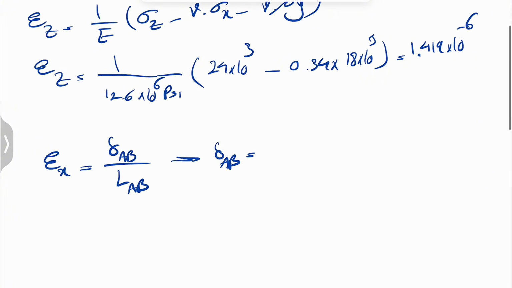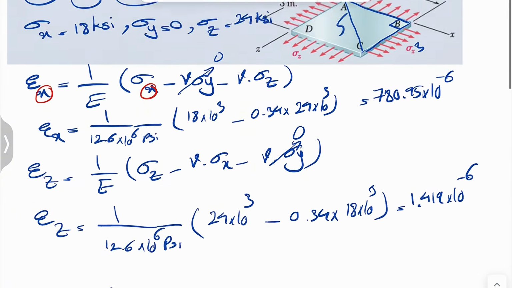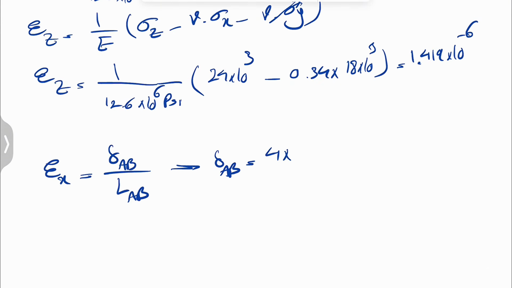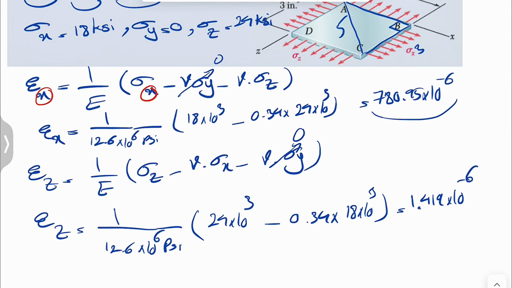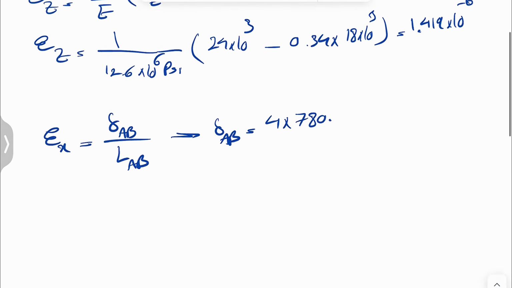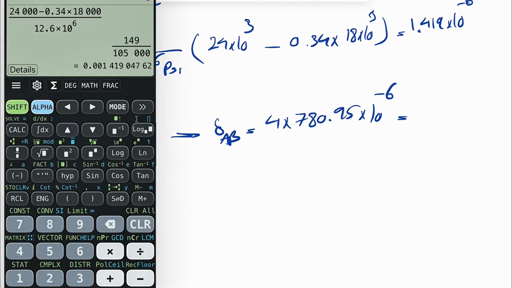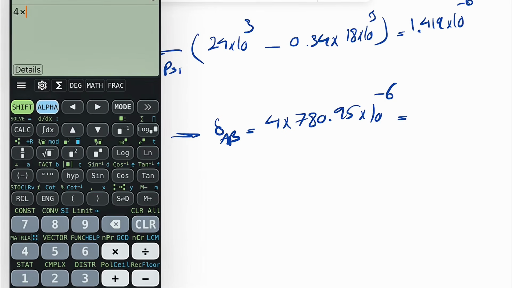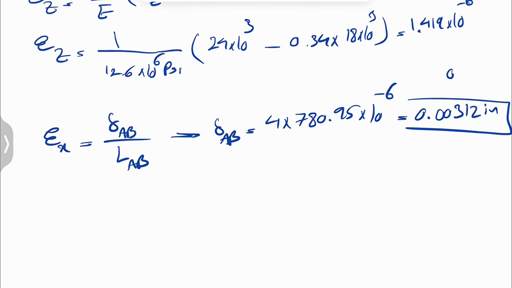So the change of length would be the length, which is 4 inches for AB, times epsilon x, 780.95 times 10 to the minus 6. That's going to be the answer for part A. So 4 times 780.95 times 10 to the minus 6 is 0.00312 inch.